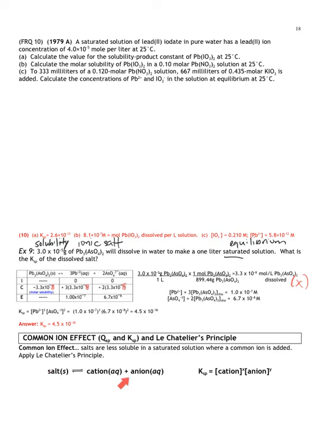It will lessen it. And we're actually going to calculate that to see how much the molar solubility decreases as a result of adding a cation or an anion that is shared in this equilibrium reaction.